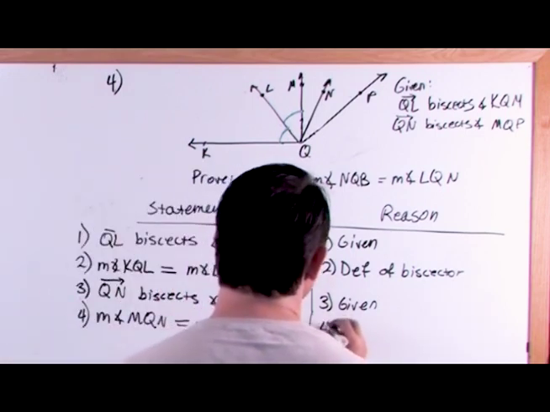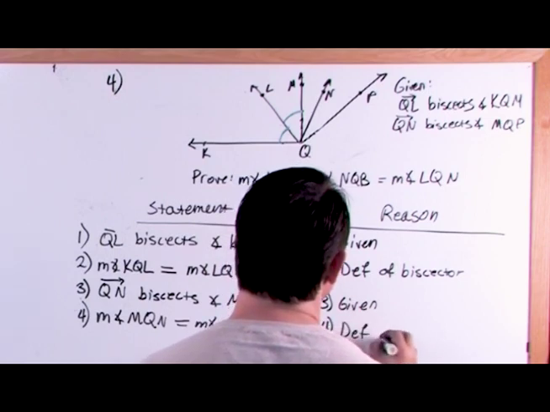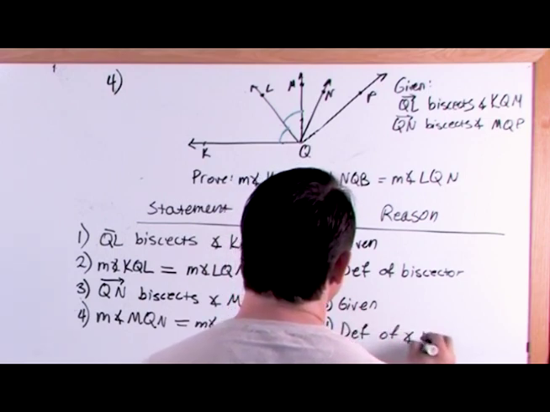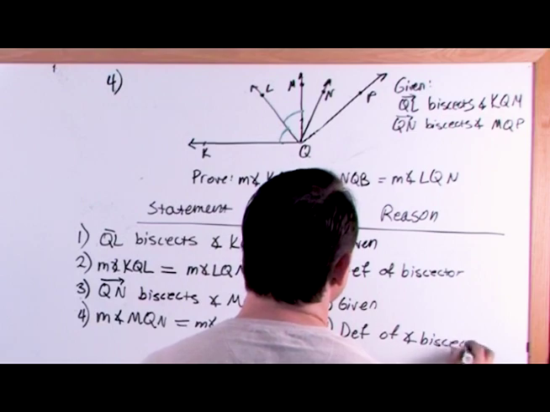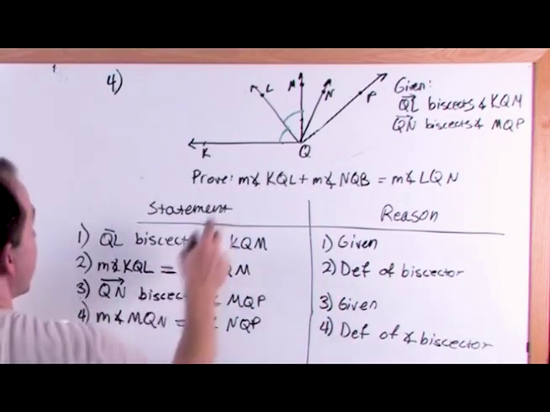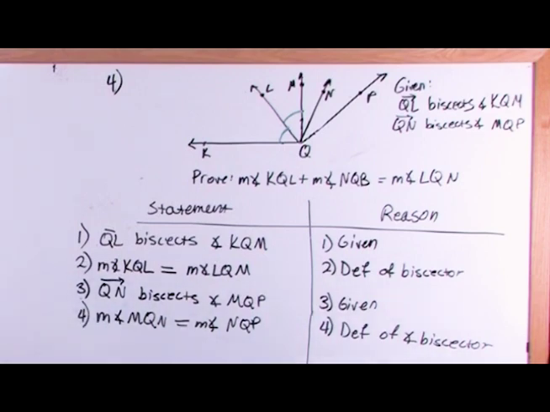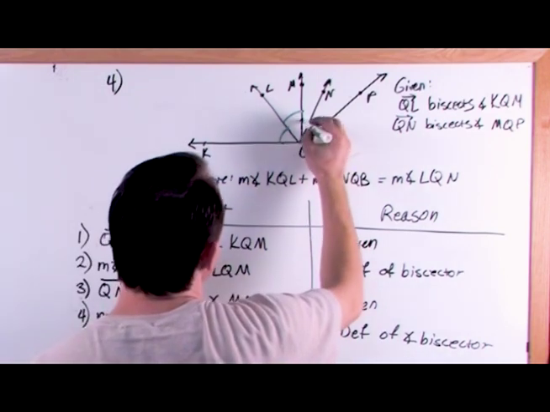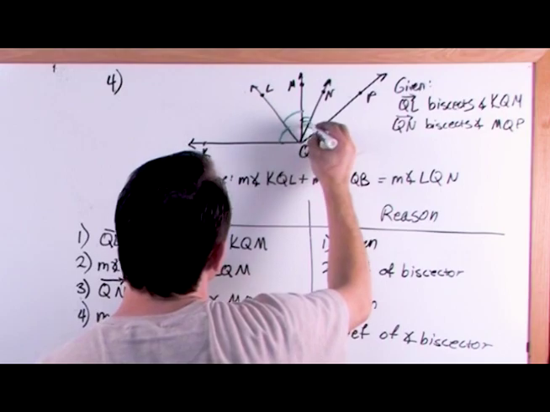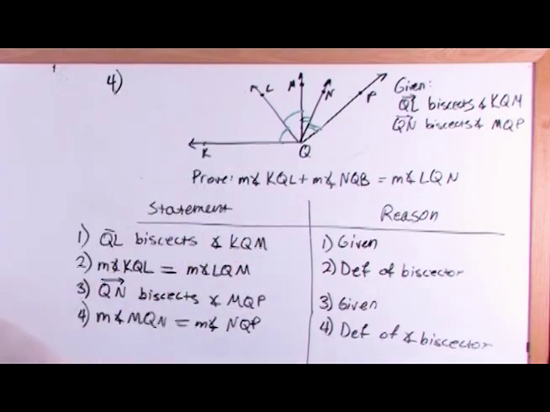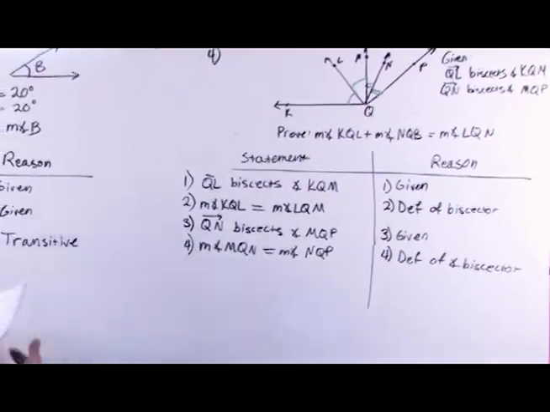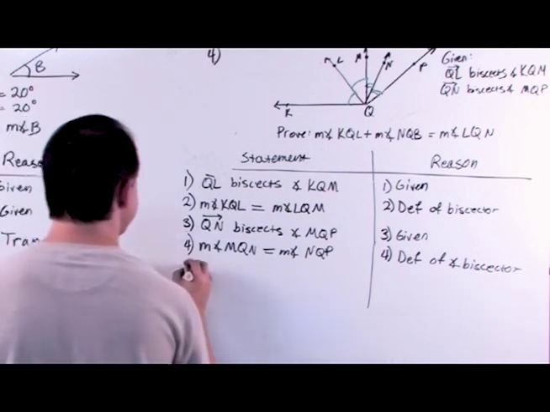And again, that's just the definition of angle bisector. This angle here must be equal to this angle here just simply because it's a bisector. So you could say that this angle, put a double mark, is congruent to that one there, equal to that one.